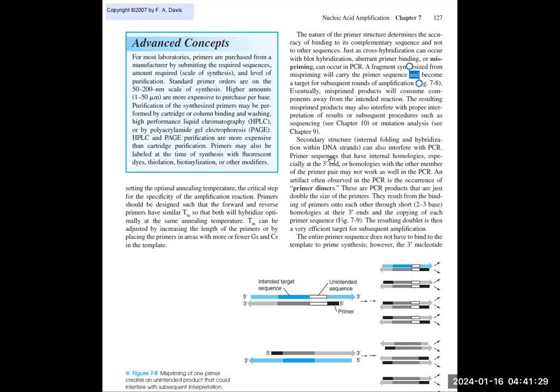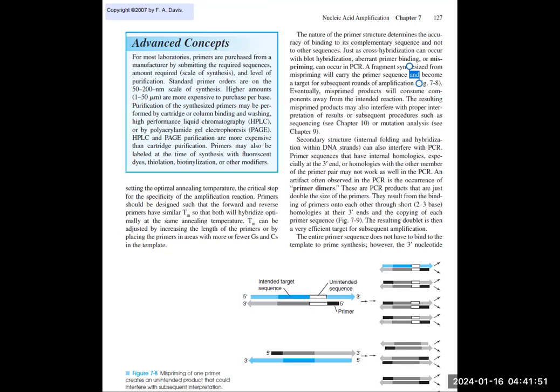And then secondary structure, or DNA internal folding and hybridization. DNA strands also tend to fold into themselves, and this can also interfere with our PCR technique. So primer sequences that have internal homologies, especially at the 3' end.